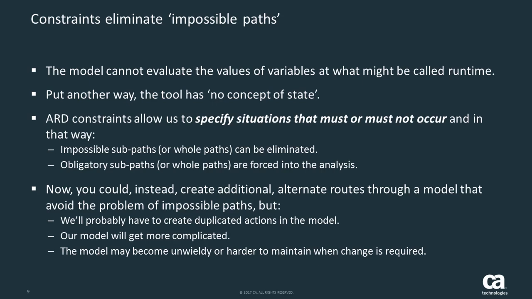So you could instead, in principle, create a more sophisticated model to deal with these situations and actually have alternate routes. But what you'd end up with is duplicated actions in the model, and the model will certainly get more complicated and cumbersome. It would be harder to maintain if you need to change it in the future. So by and large, that's not a good practice, and we wouldn't recommend that. So we use constraints to eliminate these impossible paths.